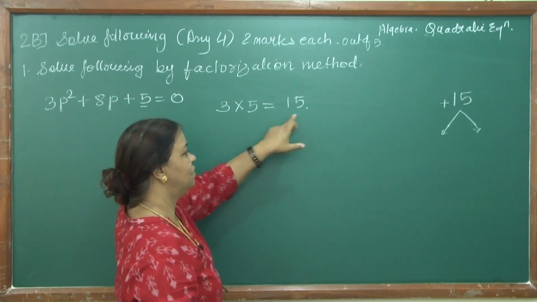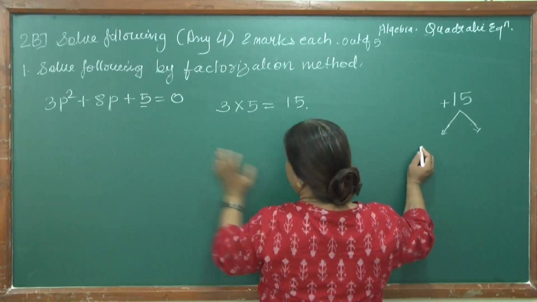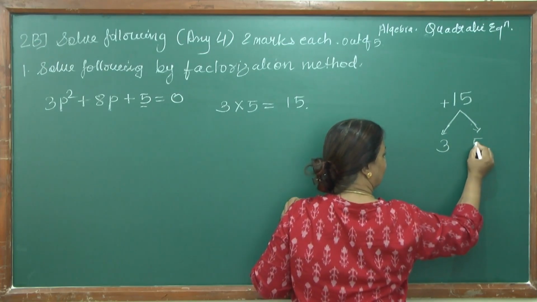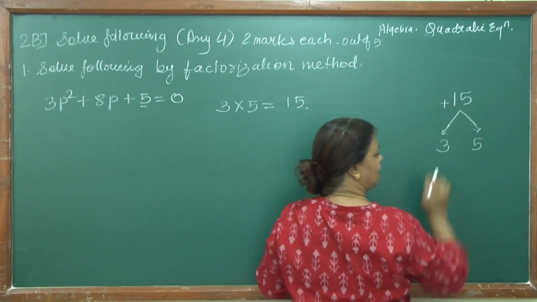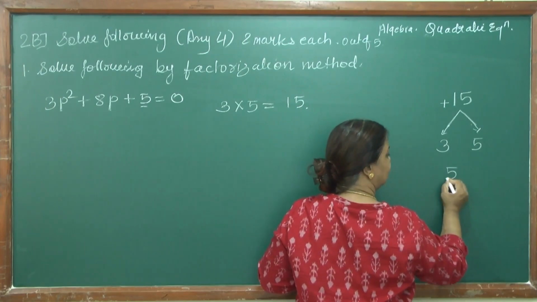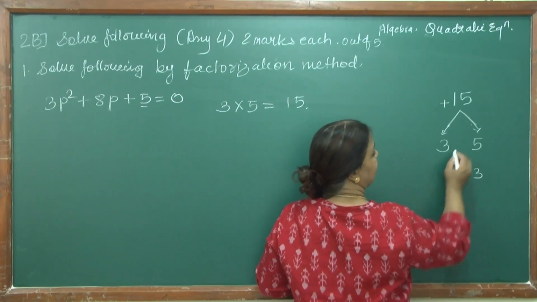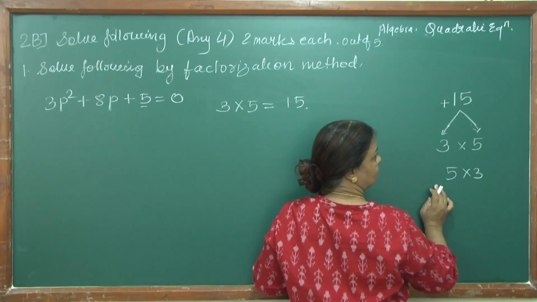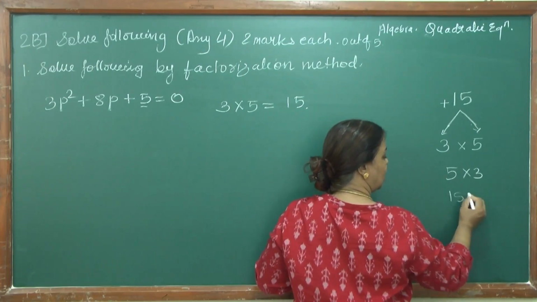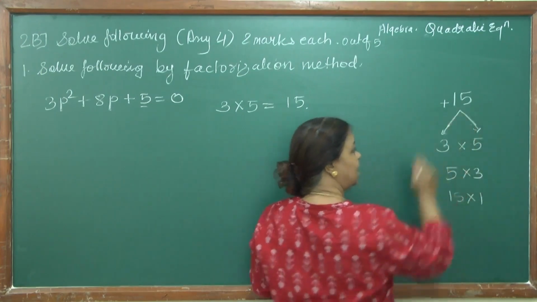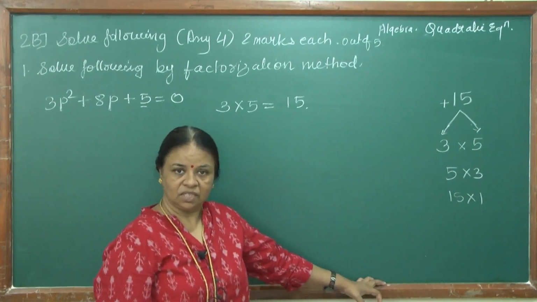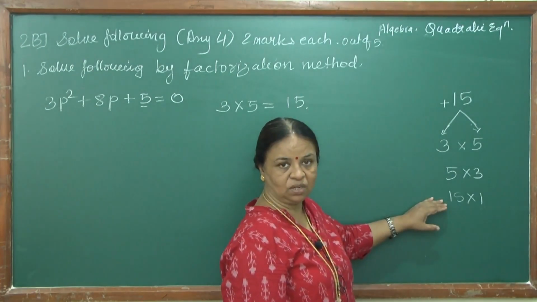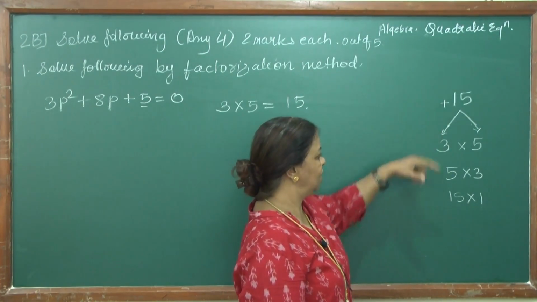So 3 into 5 is 15. If I write 5 into 3, I get 15. If I write 15 into 1, I get 15. So I have got 3 pairs by which I get 15.